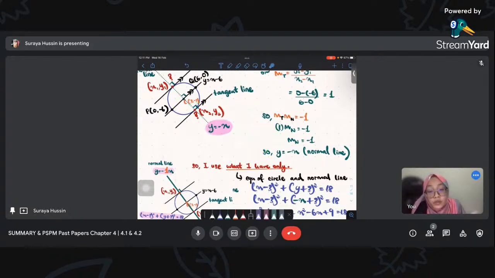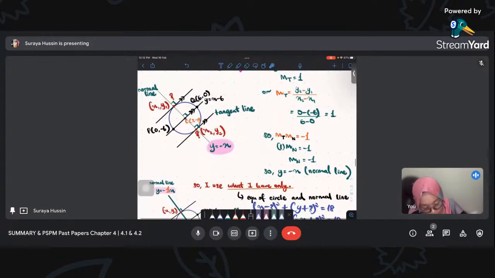C is 0, guys. In the middle here, this is the center. Okay. The c is 0. Sebab you masukkan, sebab this normal line is at the center. This normal line is at the center. That's why I use y equals to mx plus c. Maybe saya patut tulis kot.